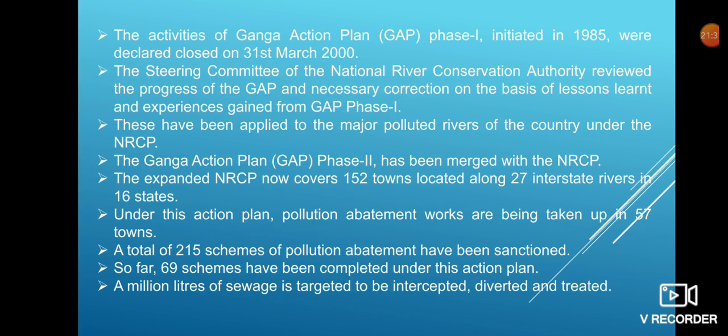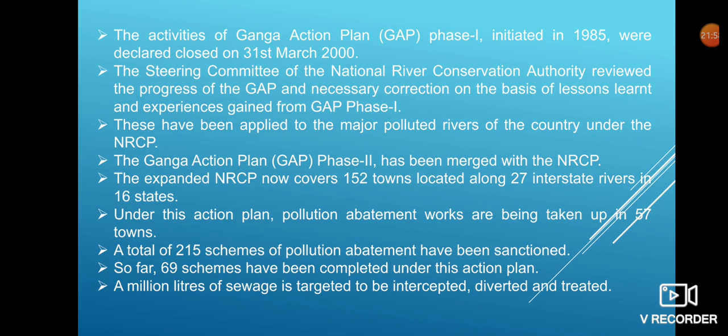The Ganga Action Plan Phase 2 has been merged with the NRCP, and the expanded NRCP now covers 152 towns located along 27 interstate rivers in 16 states. Under this action plan, pollution abatement works have been taken up in 57 towns.